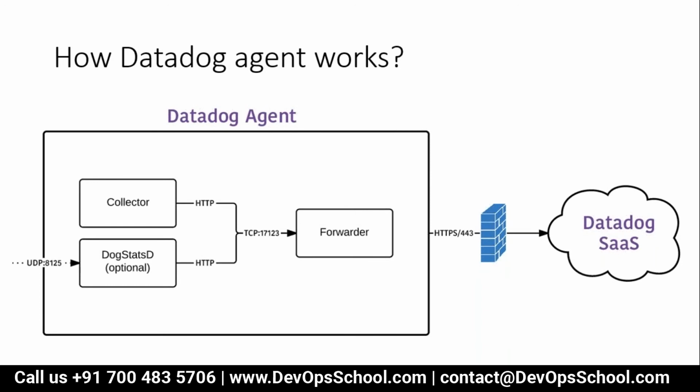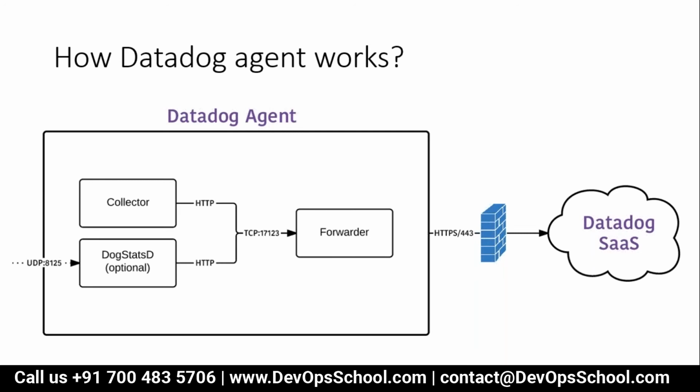So everything will be done by the agent. Now the question is how the Datadog agent works. Look at this here. This is one of the simple architectures. The Datadog agent primarily has three things: the collector, DogStatsD, which runs as a service, and the forwarder. The collector collects different data from different sources and sends it through HTTP to the forwarder, which is built into the agent itself, and the forwarder sends it to the Datadog SaaS.